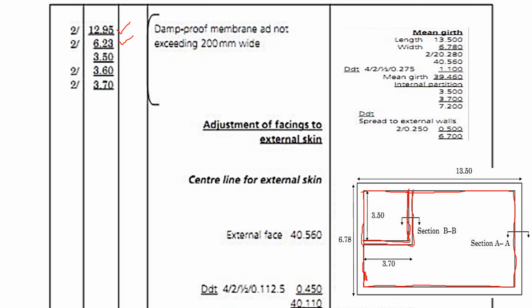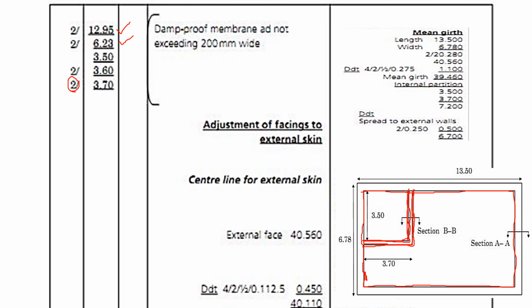Then there will be 3.6 from this length and this one. Then we shall have 3.7. Now I don't know why we have 2 here in the book. Remember, I'm getting this from a book. If you can tell us why we have 2 for the 3.7, we will appreciate it.